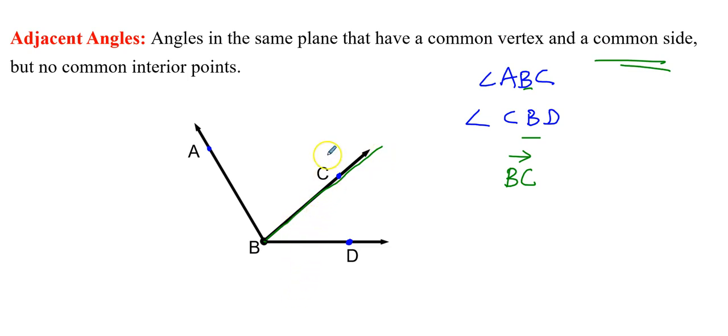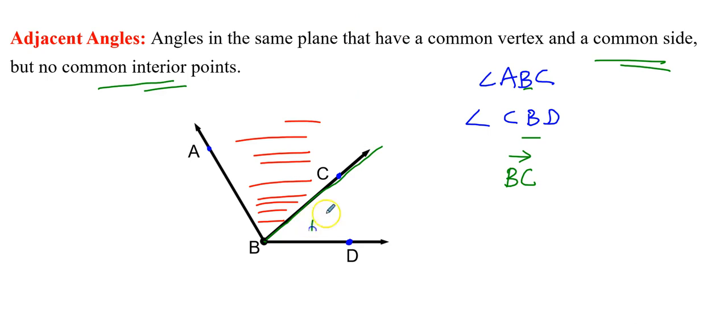Alright. And what is not shared? Only the interior points. And what are the interior points? We know that in this first angle, all the points that are here inside are interior points. And in the second angle, all these are interior points.